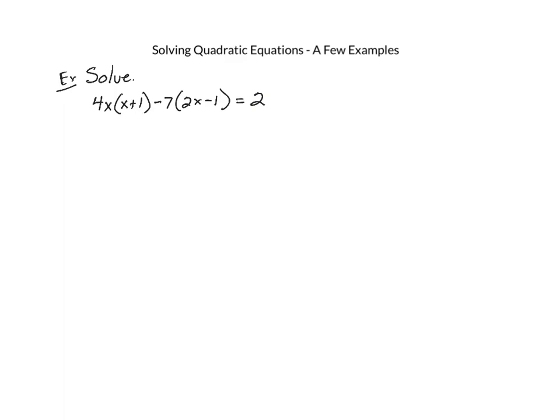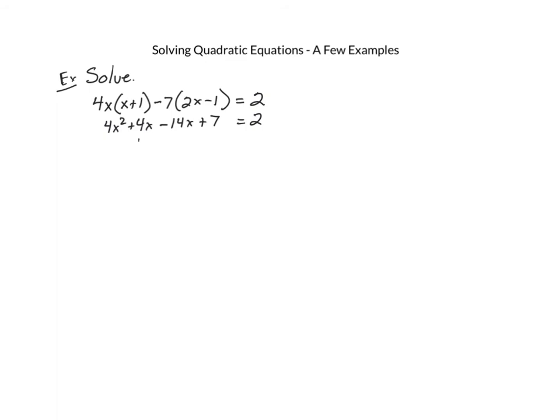And at this point, I certainly don't know what strategy I would be looking to use. I need to multiply it out, maybe set it equal to 0, and take another look. So let's distribute the 4x, and we have 4x squared plus 4x. Then distribute the negative 7. Minus 14x plus 7 equals 2.